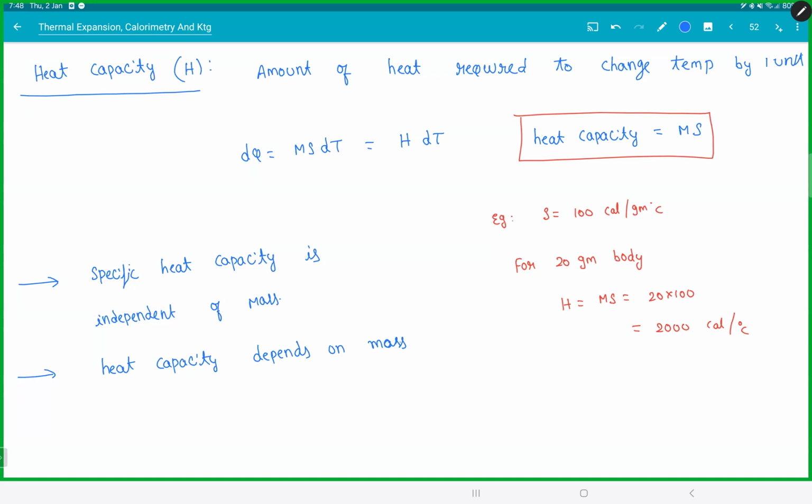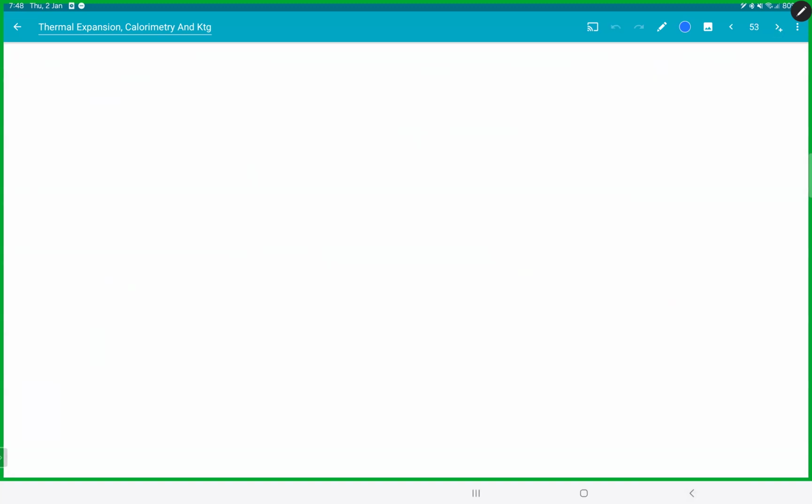Similarly, we also define something called water equivalent. This is also a lab thing. Let's say you're trying to boil water in a container. Now the heat supplied must be equal to the heat taken by the container plus water. People say I should know what kind of material it is and what its mass is.